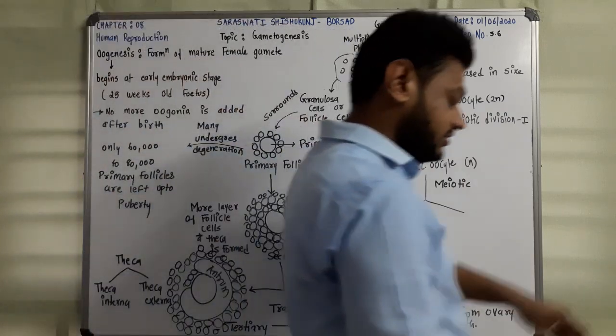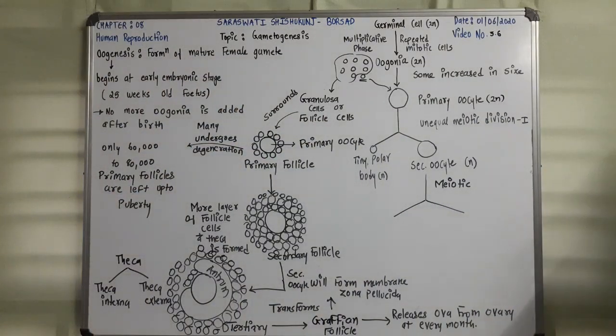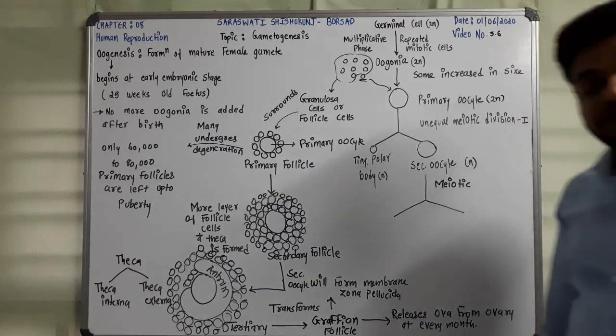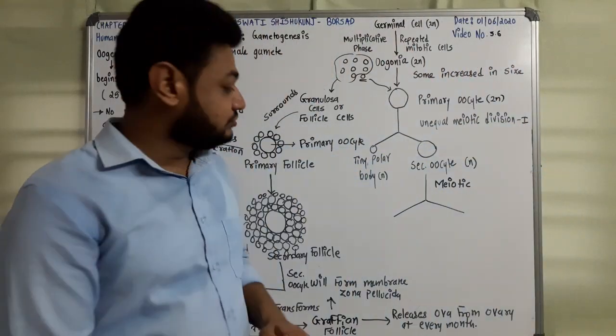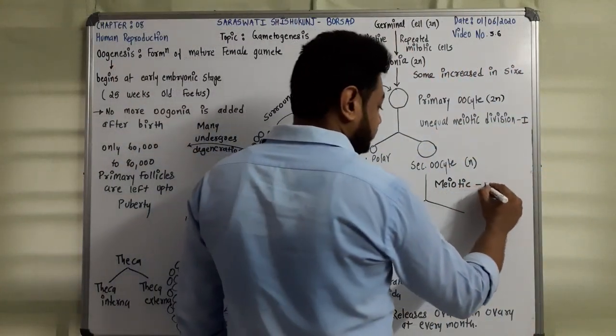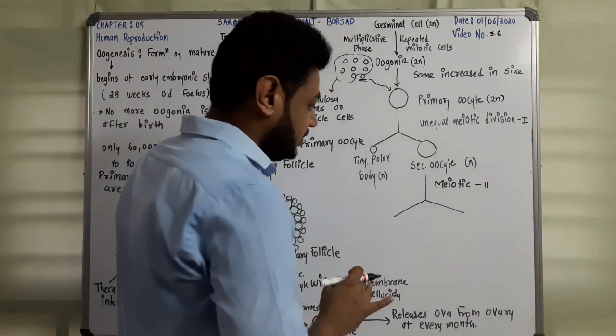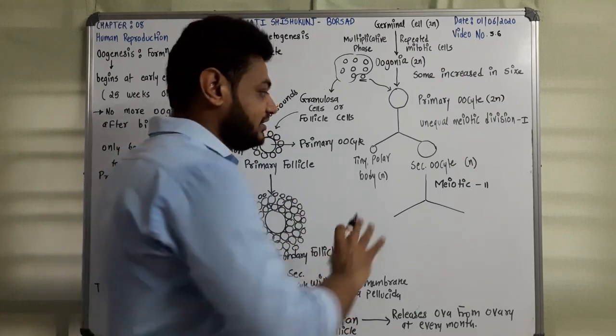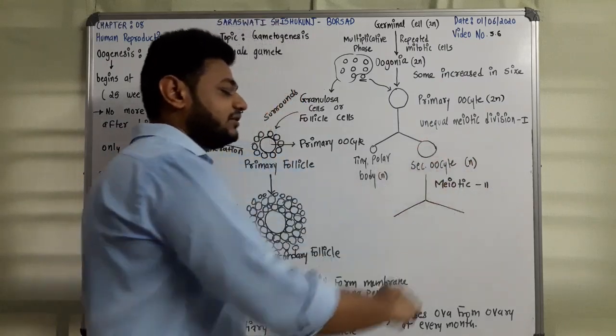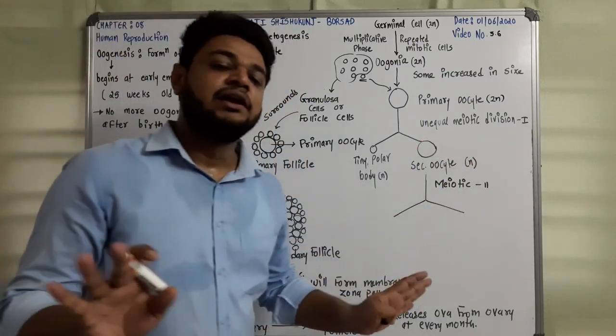Now the completion of meiosis depends on the sperm. Let's say how. If a sperm penetrates the ova, then it will continue meiosis 2. So meiotic division 2 is dependent on the sperm. If sperm is not present, it does not complete meiosis 2 and simply degenerates.